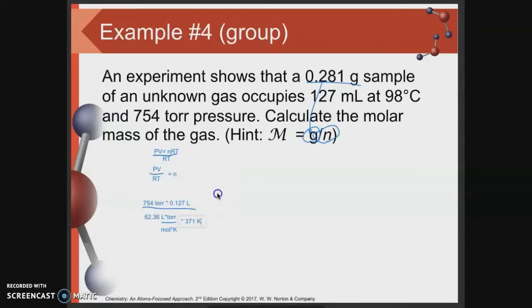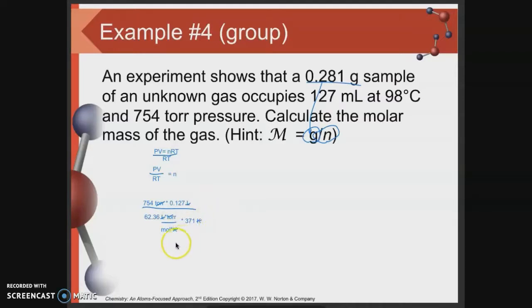And so, once again, checking to make sure everything cancels out. Torr cancel, liters cancel. I've got Kelvin in the numerator of this denominator and Kelvin in the denominator of this denominator. So those cancel out as well.